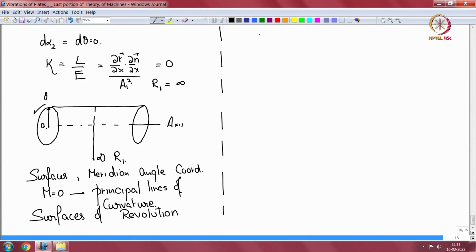In the process of deriving our equations of motion, let me just spell out the procedure. We have so far seen an elemental length, A1 squared d alpha 1 squared plus A2 squared d alpha 2 squared. So that's an elemental length on a surface.